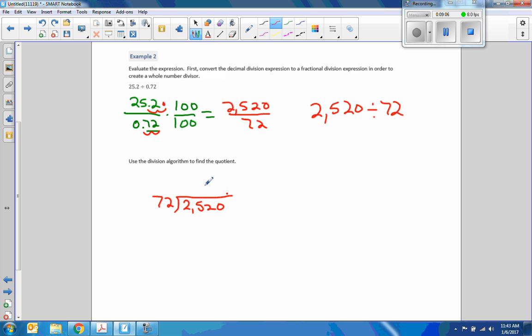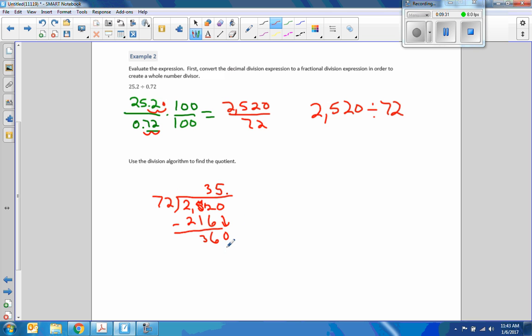No, 4 is too big, so we're going to use 3. 3 times 2 is 6. 3 times 7 is 21. Subtract. Borrow from the 5, make that 4, make that 12. 12 minus 6 is 6. 4 minus 1 is 3. Bring down this 0.